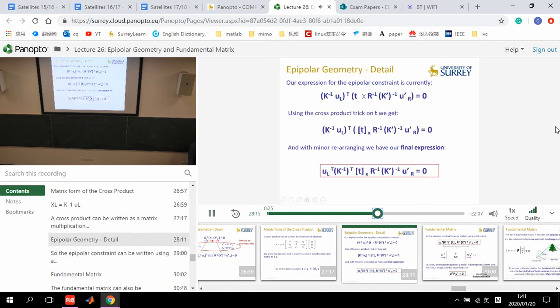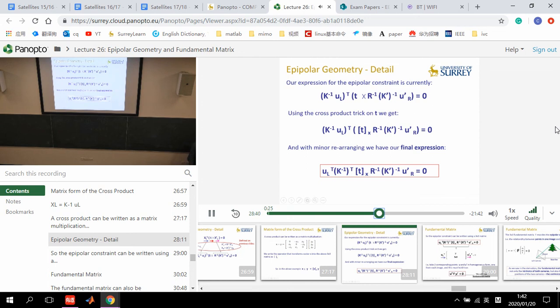I'm going to introduce that there. This is just repeating the line we had on the previous slide, but now the T has been converted into this cross product matrix form. So T is now a 3x3 matrix. So this final expression consists entirely of matrix multiplications. K was 3x3.